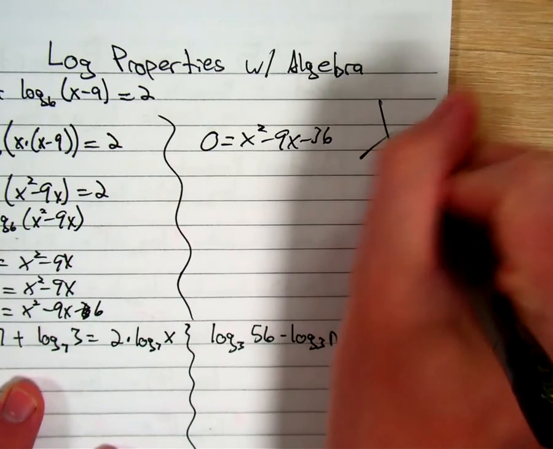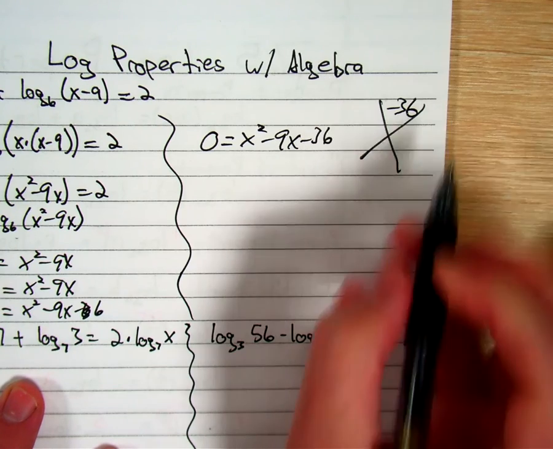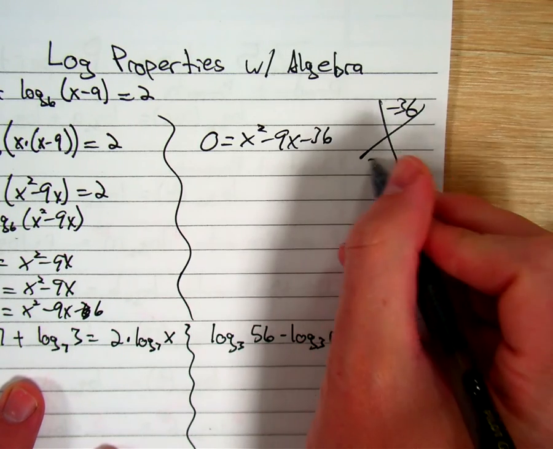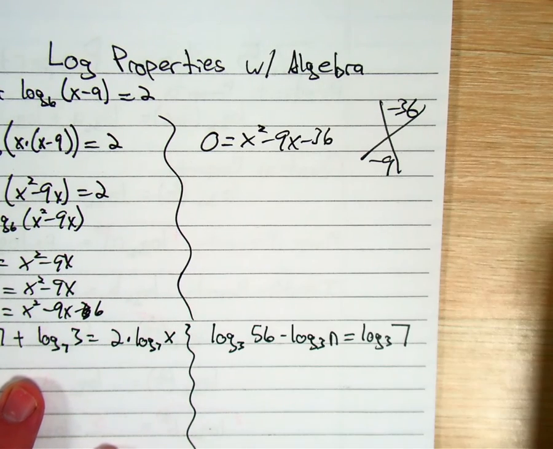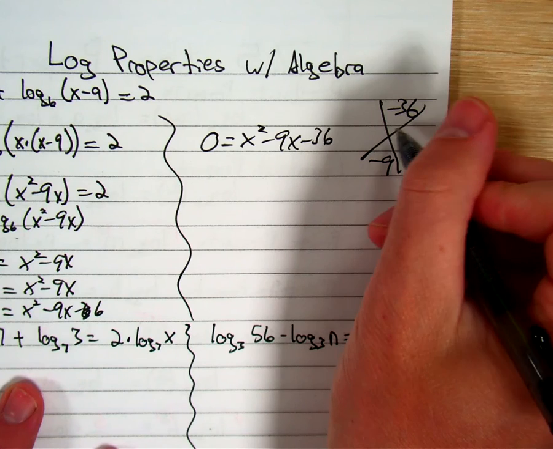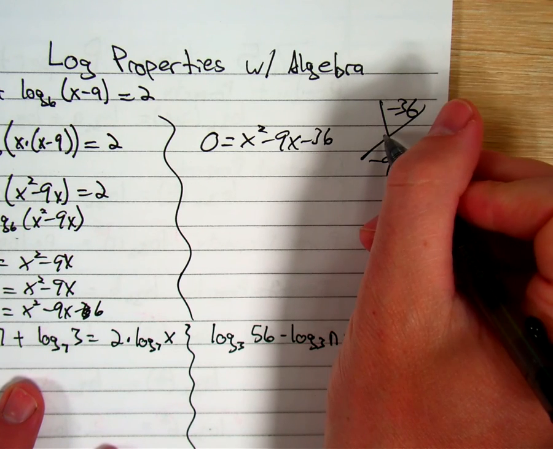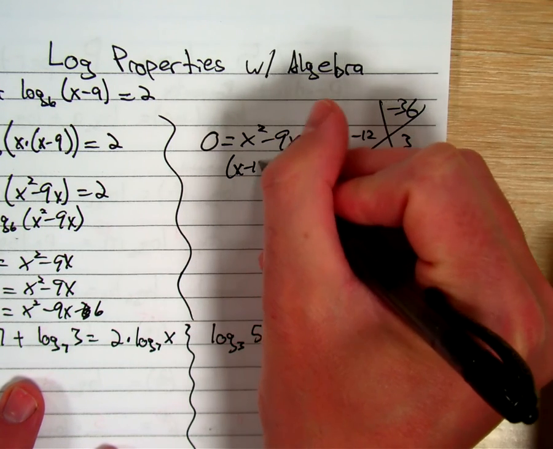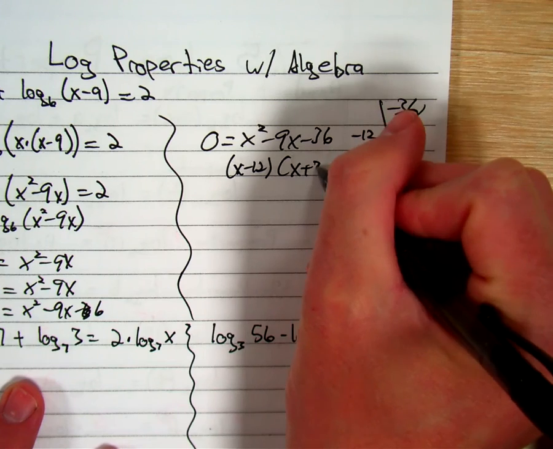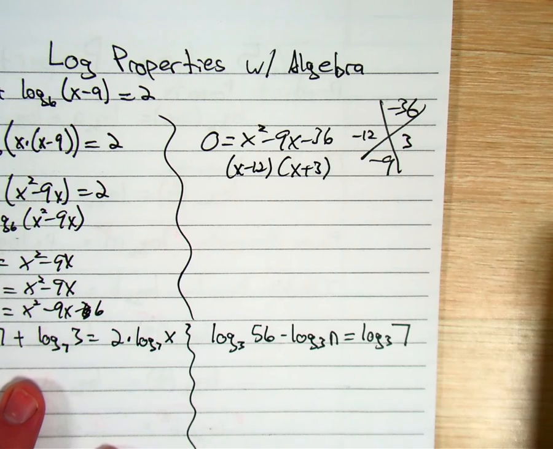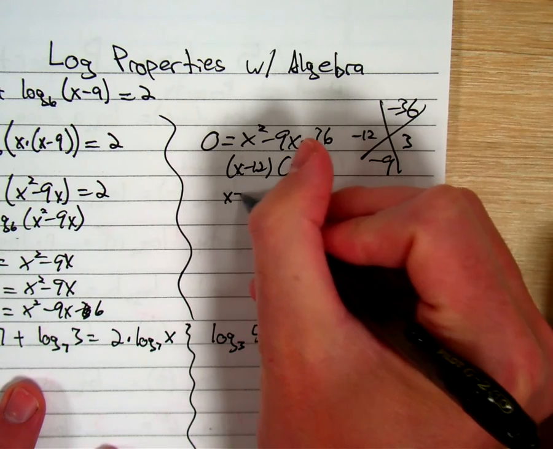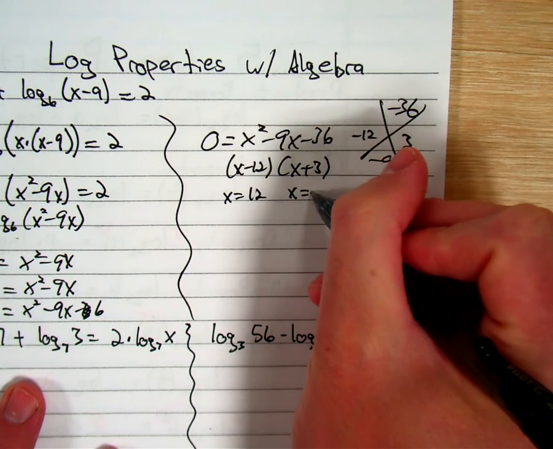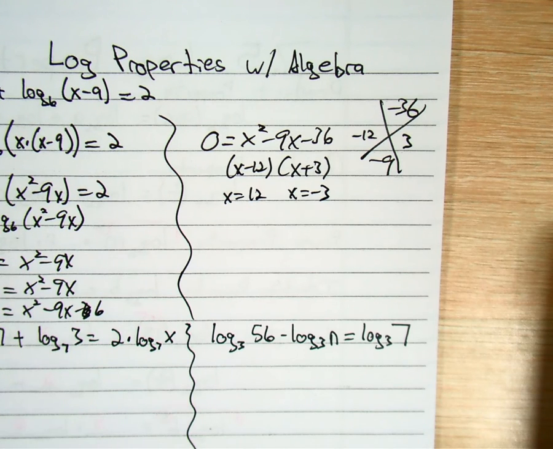Okay, maybe do your magic X over here. What multiplies to negative 36 and adds to negative 9? How about a negative 12 and a positive 3? x minus 12, x plus 3, which means my answers are positive 12 and negative 3.